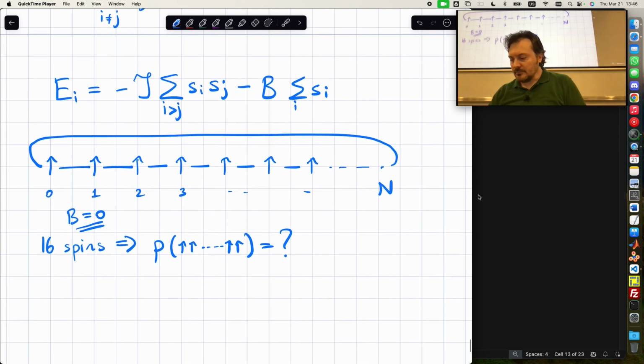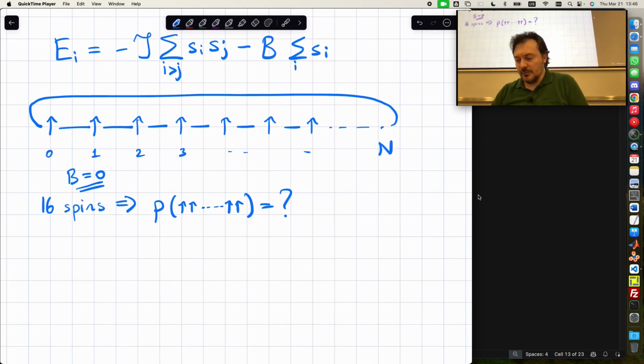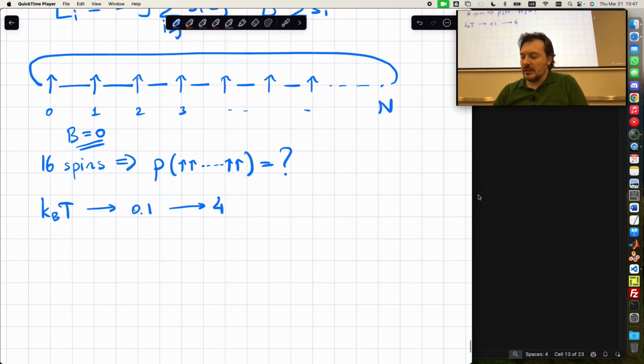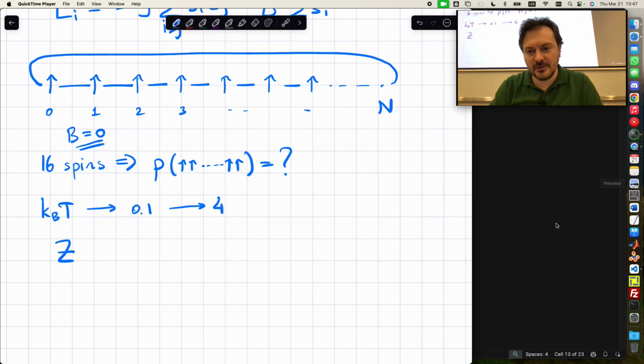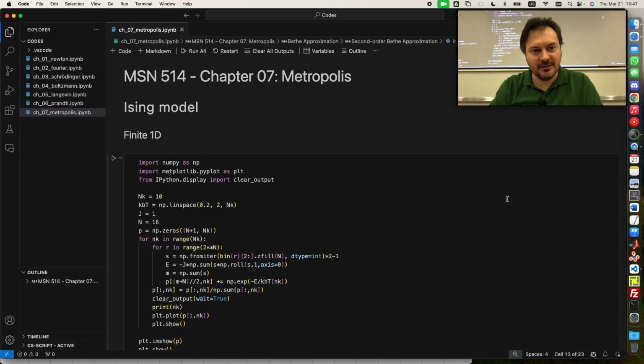So what I'm going to do is the following. I'm going to change KBT. Let's say I'm going to take it from 0.1 all the way to 4 in the code. And I'm going to look at every possibility, and I'm going to calculate Z for every possibility. Do I calculate Z for every possibility? Let me see really quickly.